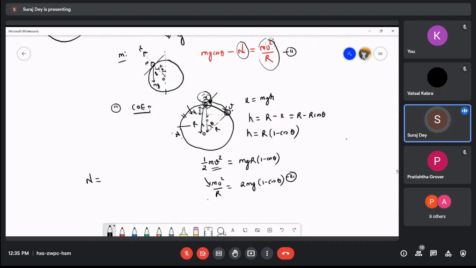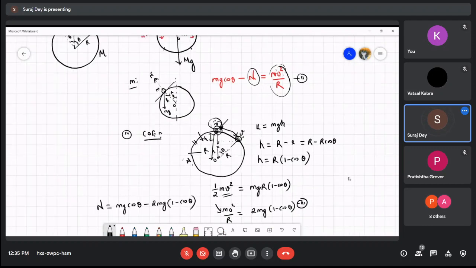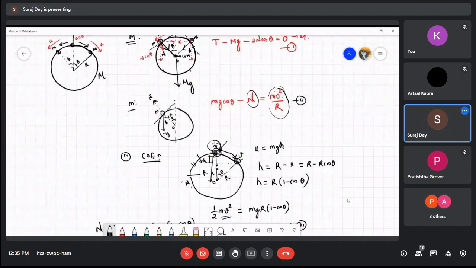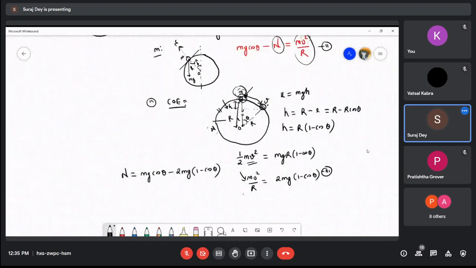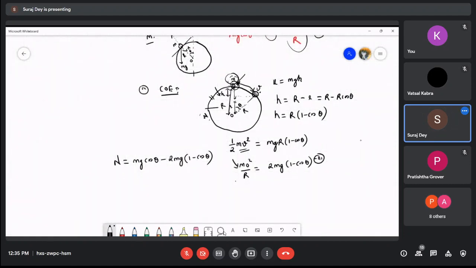So from this equation, the normal reaction will be mg... So wait a minute.